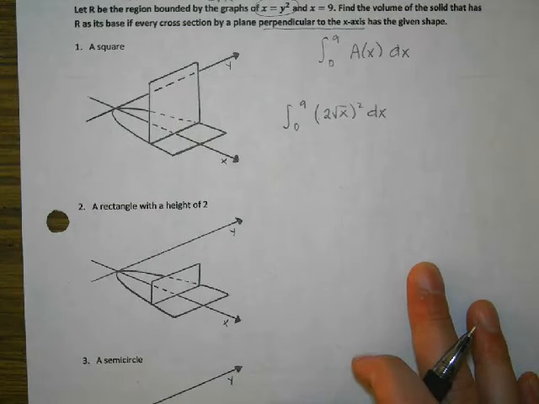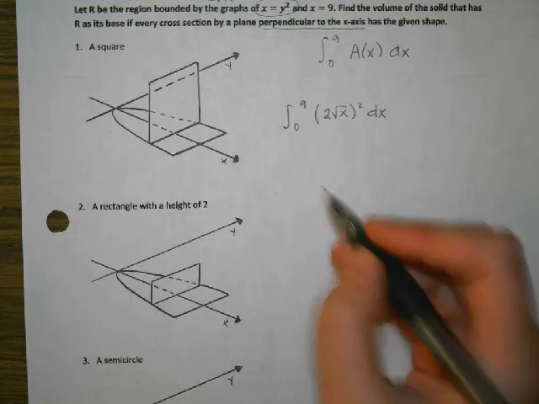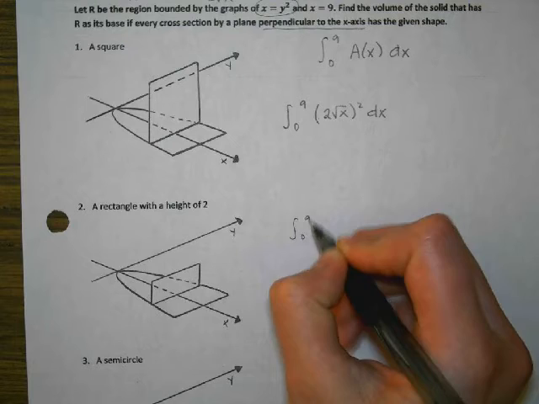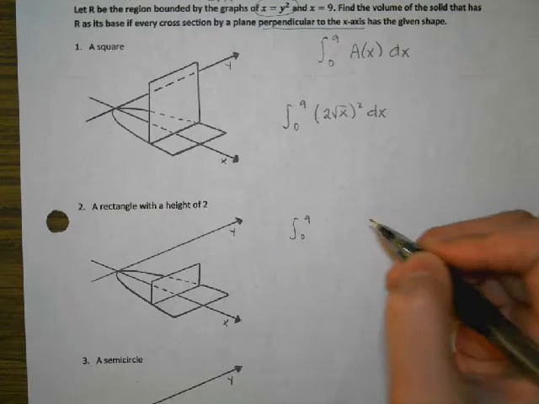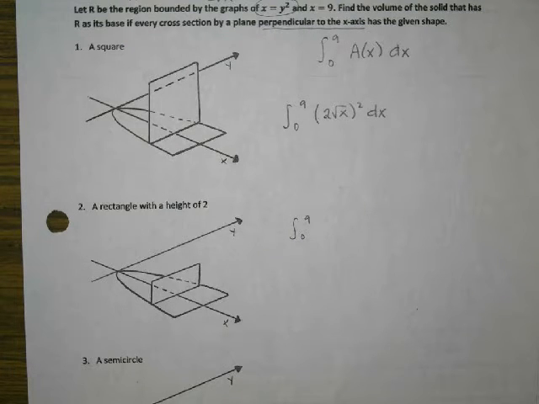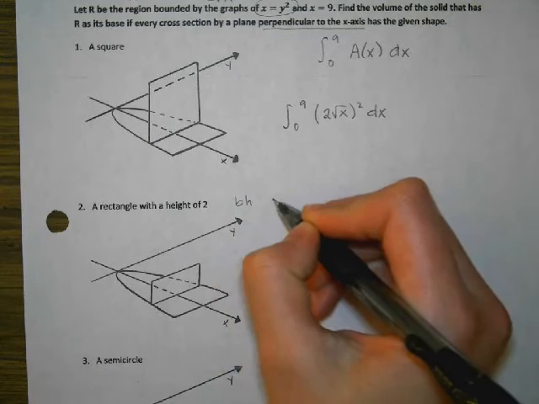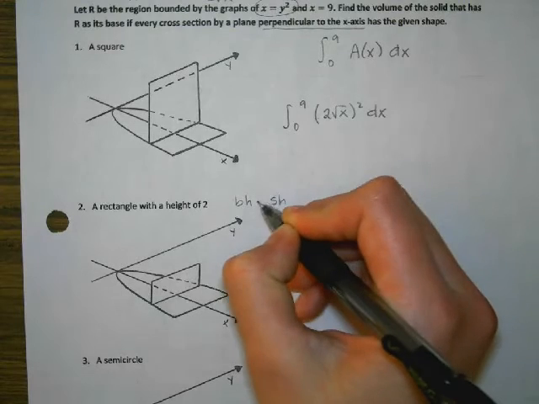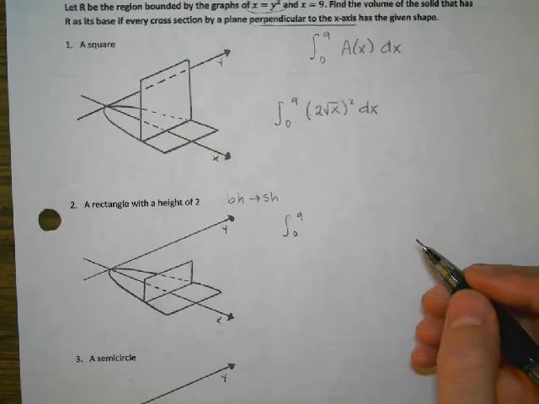What should you do for number 2? 0 to 9. And if we look at the board, I wrote it down. We said base times height, but we said the base is always the same as a slice, right? The base of the rectangle is a slice. So base times height is actually slice times height, and they say that you have a height of 2.